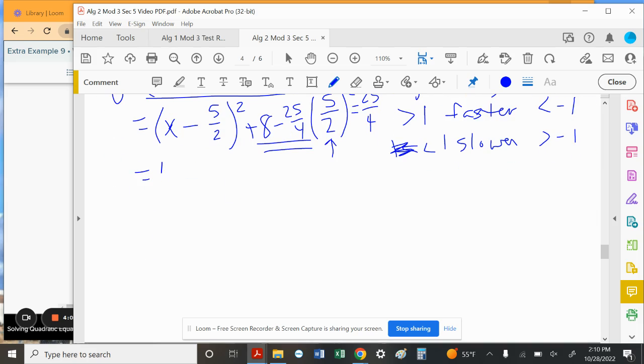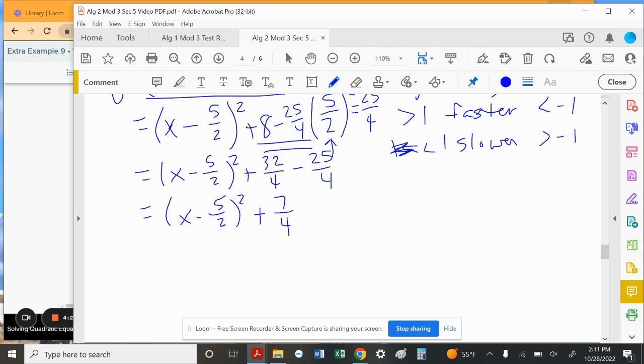So I get (x minus 5 halves) squared, and then I get 32 over 4 because I'm getting a common denominator of 4. If I'm adding a 4 to the bottom, I have to multiply the 8 by 4 to get the 32, and then I have minus 25 over 4. That equals (x minus 5 halves) squared plus 7 over 4.